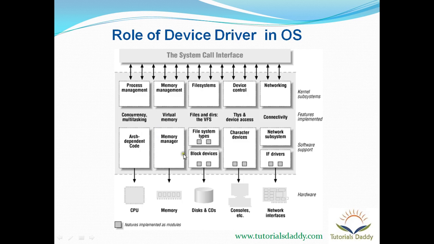This is the memory manager code, which manages the physical memory connected to our system. These are the file system drivers, which manage the different file systems connected to our system. You can see these are the devices, disks and CDs. Here you can see the character driver, which manages all the character devices connected to our system. Examples of character devices are consoles, etc.